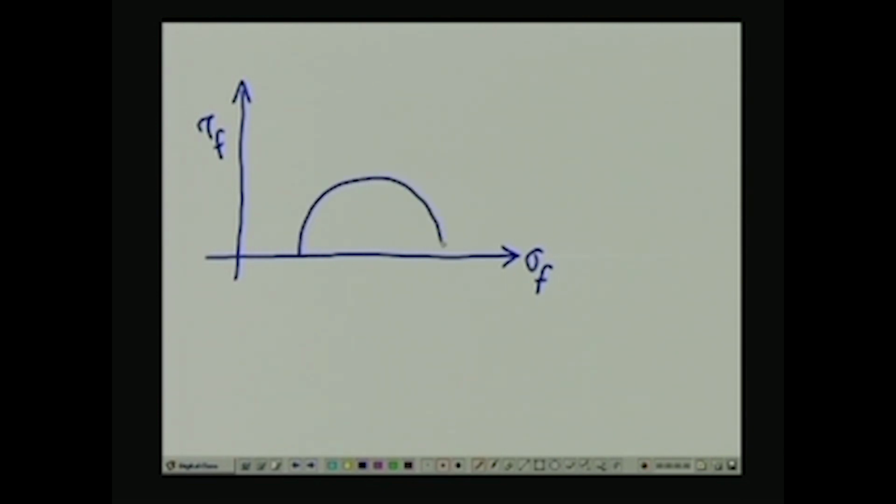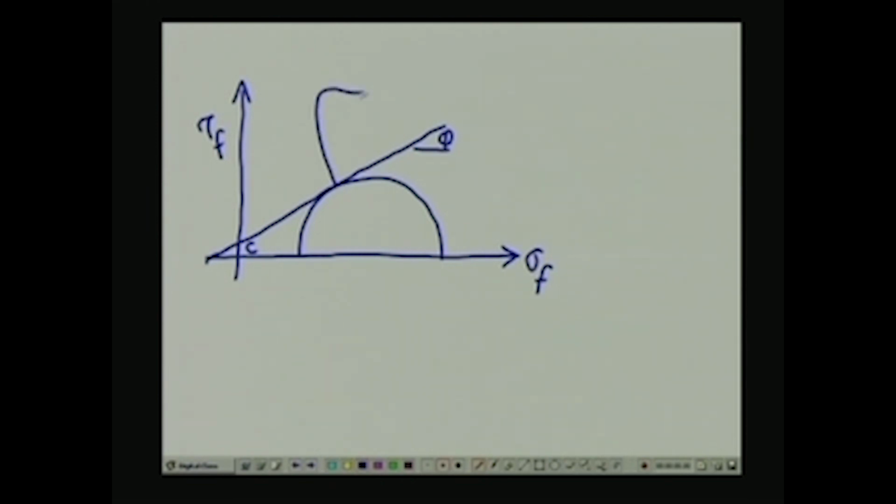So for doing that, what we do is to check the geometry. Here we have sigma f versus tau f, and let us consider a Mohr circle at failure. That Mohr circle will be tangential to a Mohr-Coulomb failure envelope given by phi and a cohesion intercept c.